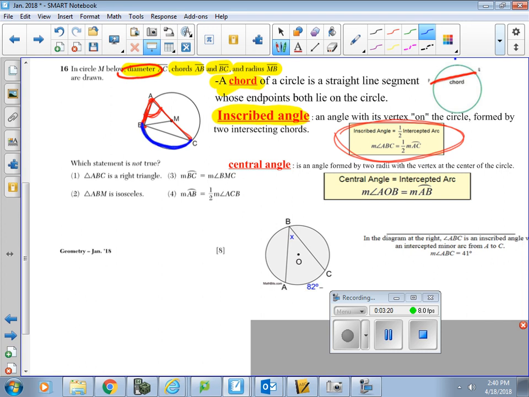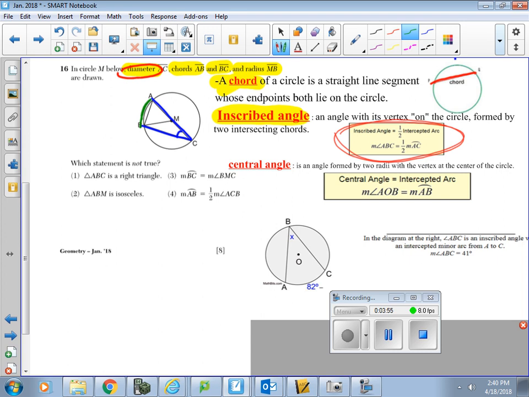So if we could figure out what this blue part is, this angle up here would be half of this. Okay? All right, so let's look at another inscribed angle that we see. We have another inscribed angle, which is ACB. So it's the same thing. This angle is half of this arc. All right, so the measure of that angle ACB is half of the arc that it cuts.